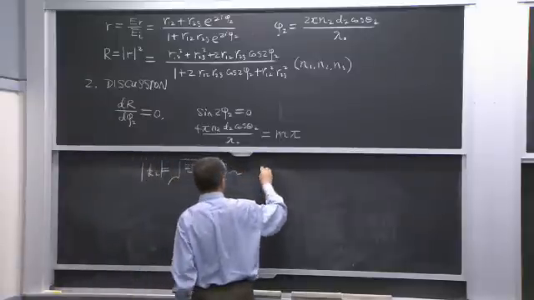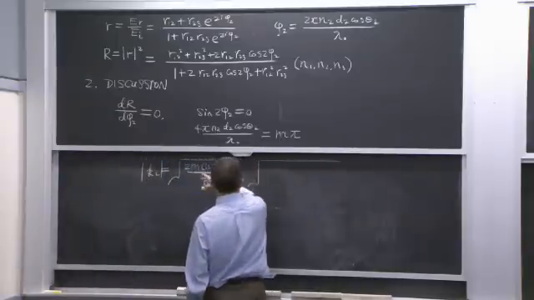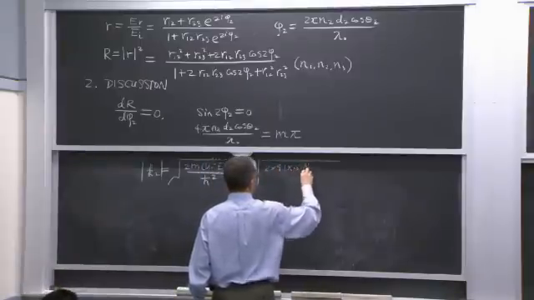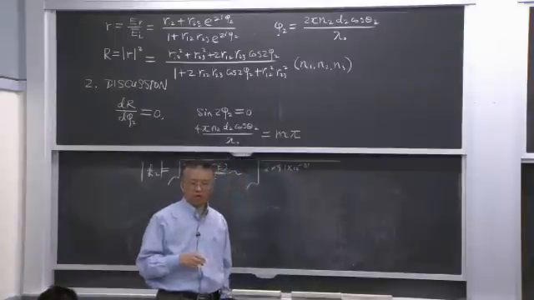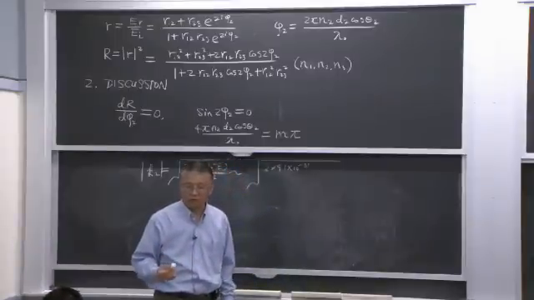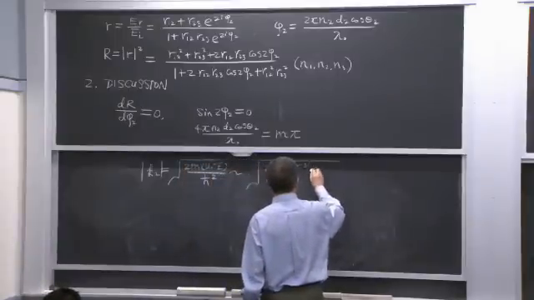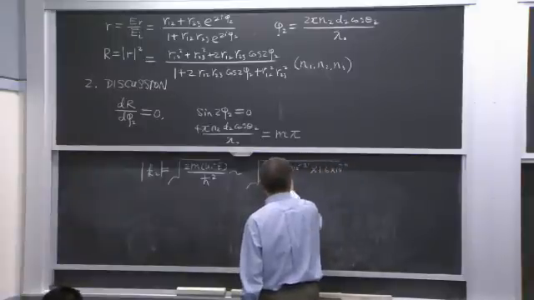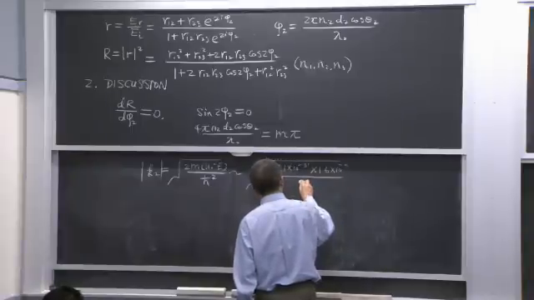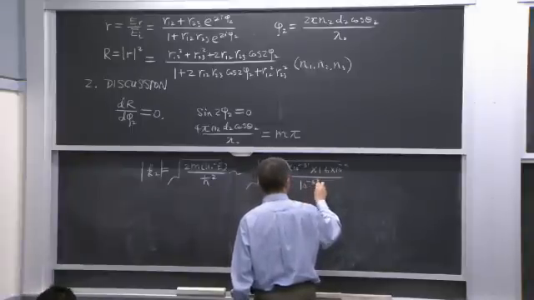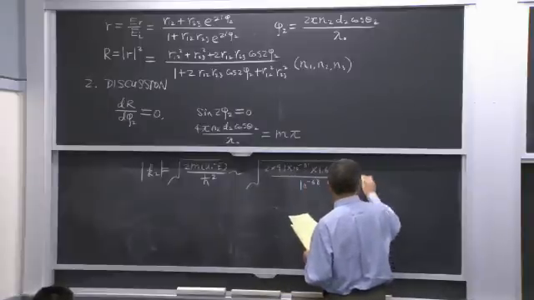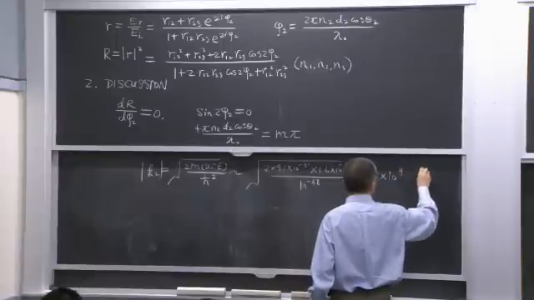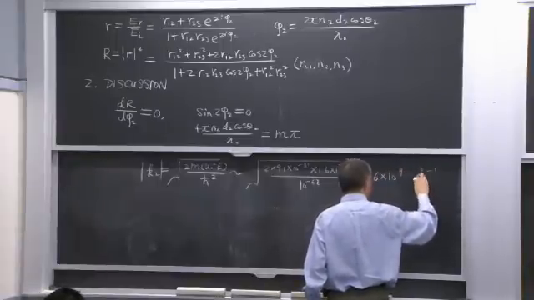So if we estimate again, the electron mass is 9.1 times 10 to the minus 31. If this U0 minus E is about 1 electron volt in order of magnitude, that's 1.6 times 10 to the minus 19, and h bar is 1 times 10 to the minus 34, squared. So I will get 6 times 10 to the 9th inverse angstrom. Oh no, inverse meter.